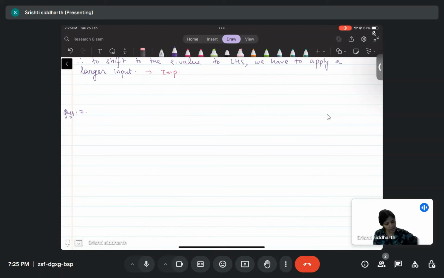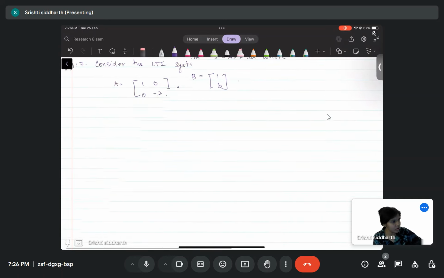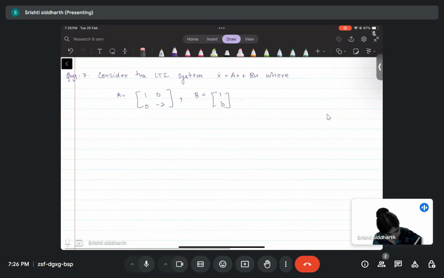So consider the LTI system x dot equals Ax plus Bu, where the matrices are A, the diagonal matrix 1, 0, 0, minus 2, and B is 1, b. Alright, so the first one is easy: derive the transfer function of the LTI system.